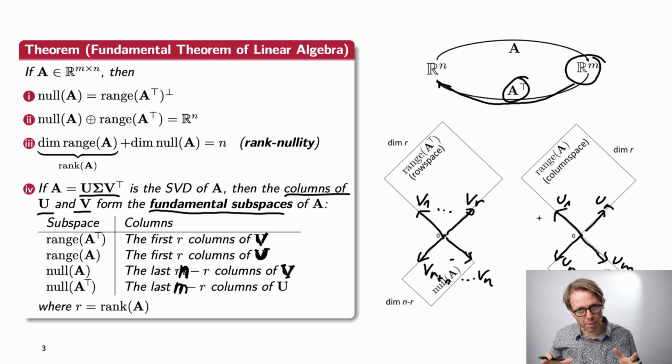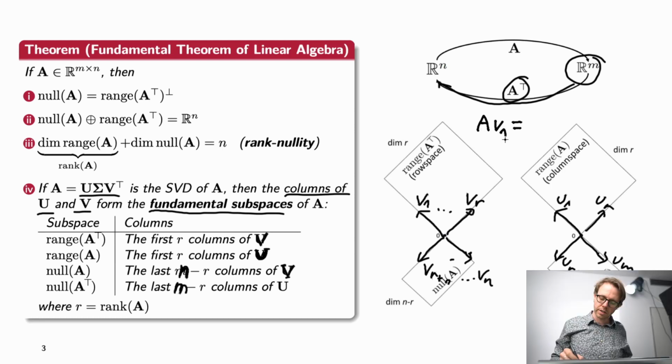Now let's look at what happens if we take, for example, V1 and multiply it by A. So we're interested in A V1. Now remember that A is diagonalized if we multiply it by V from the right and U from the left. So A equals U sigma V transpose.